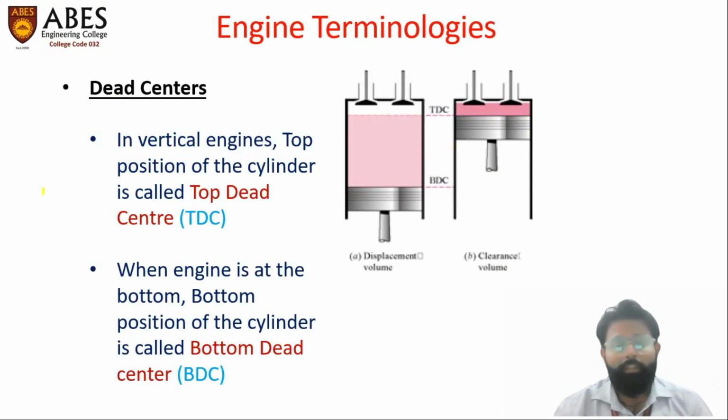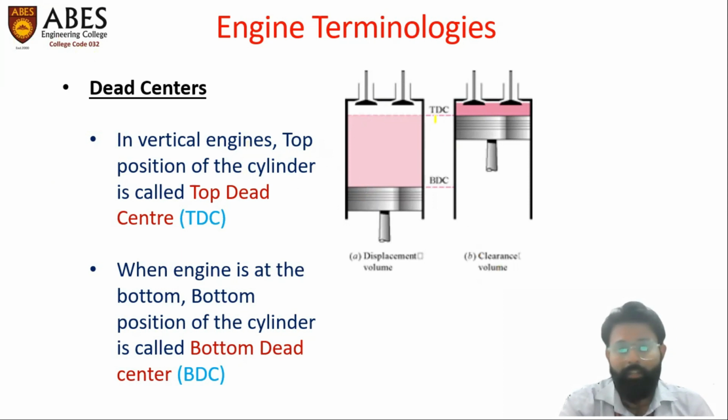Now the other part is the dead center. At which points do we refer to dead centers? Dead centers are named so because they are the points at which the piston cannot move ahead. That is the last point to which the piston can go.